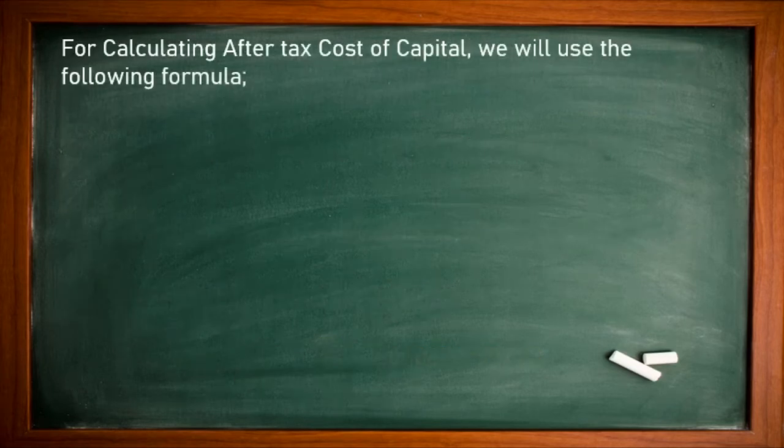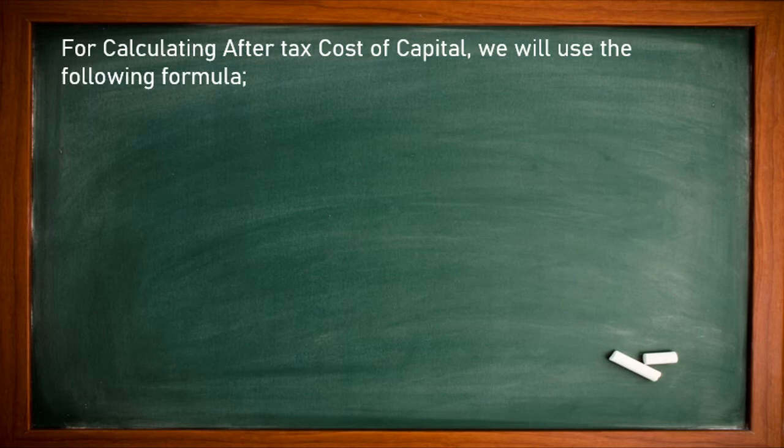We'll continue. For calculating the after-tax cost of capital, we will use the following formula, because as you know, we have other calculations in future. When we are calculating preferred stock or common stock, it is based on after tax. So when we go for the weighted average, we should convert the debt capital to after tax as well.